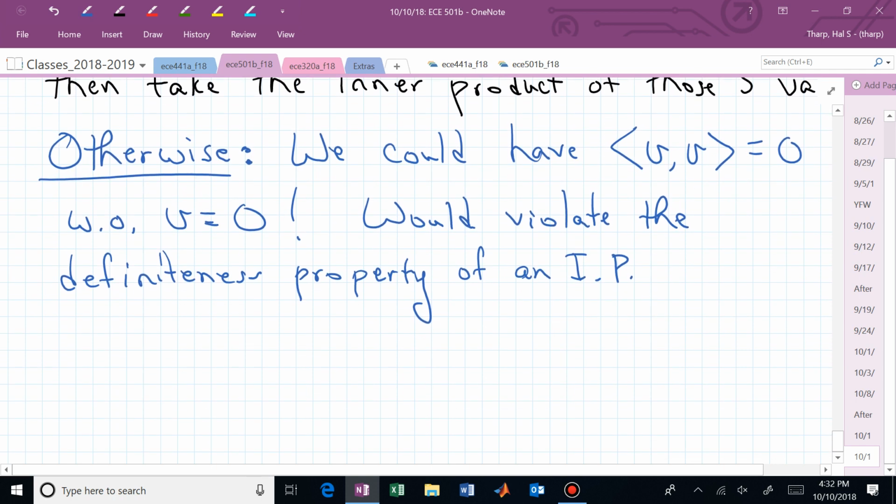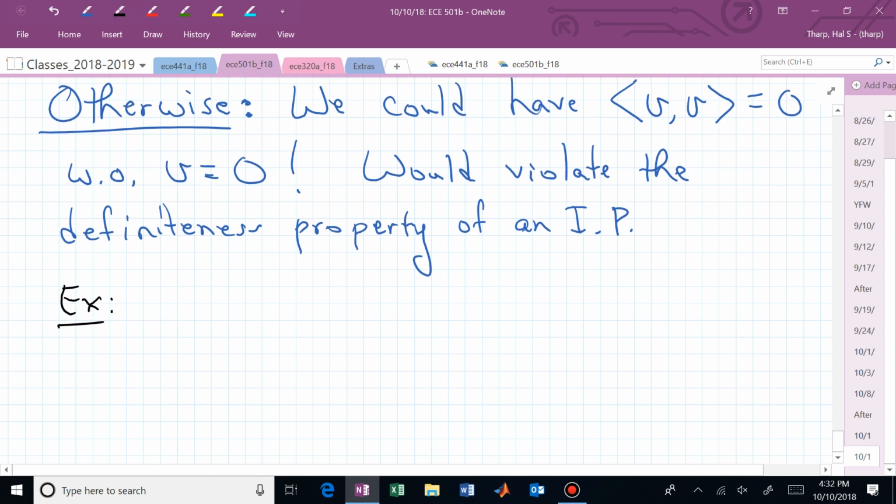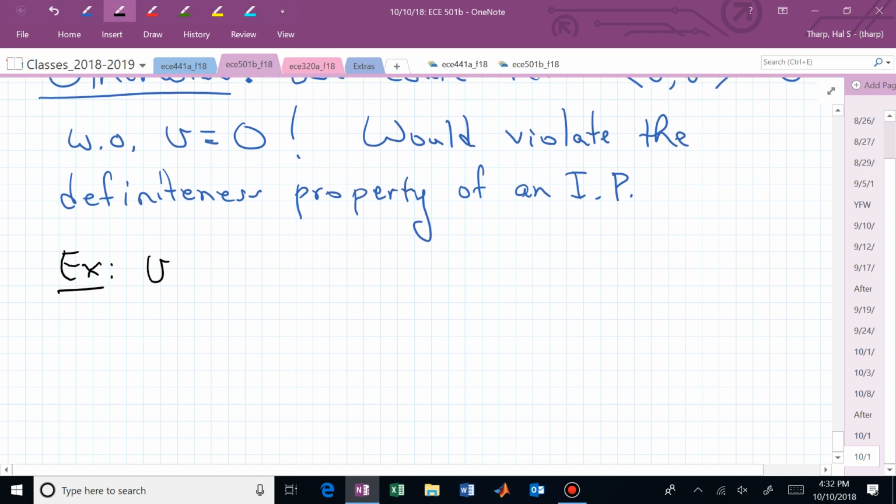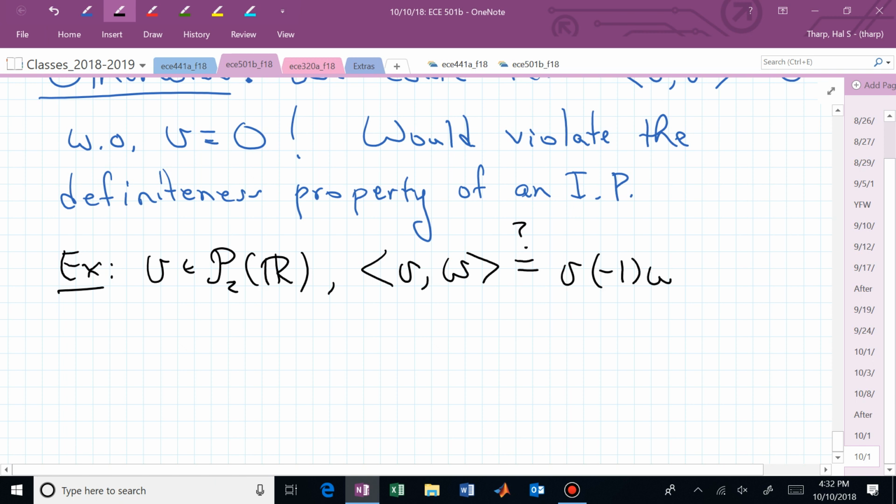If that's still not clear, let me illustrate that a little bit more. So if V is in P2, and suppose somebody says, I want to define an inner product that is V of minus 1, W of minus 1, and V of 1, W of 1.